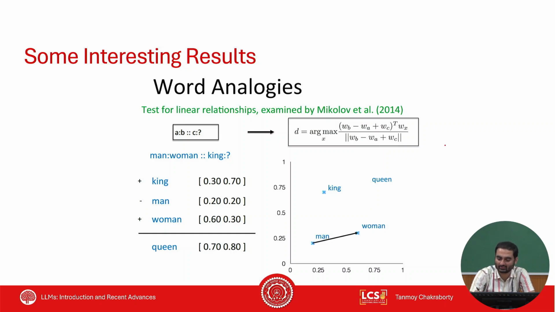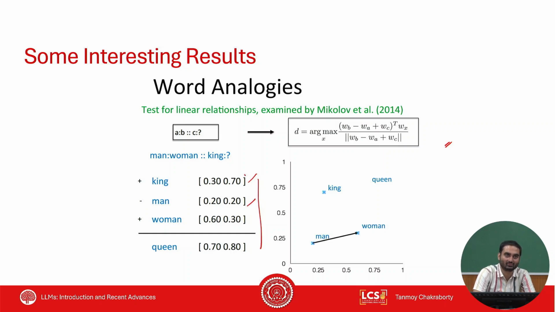This is a very nice analogy that they showed in the paper. Now you have all these embeddings, so with these embeddings you can do all sorts of word analogy tests. In fact, you can do linear operations here. There's a beautiful example: you take the embedding of king and subtract the embedding of man.